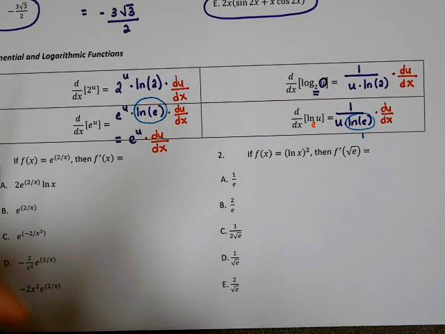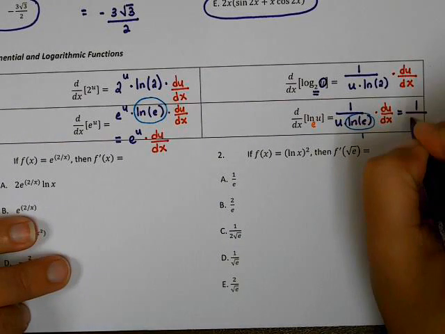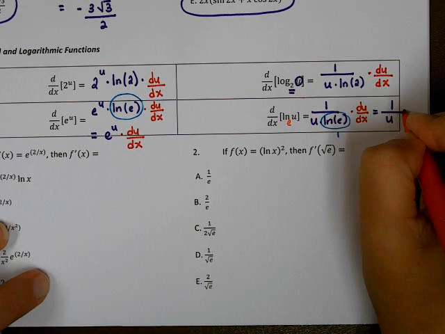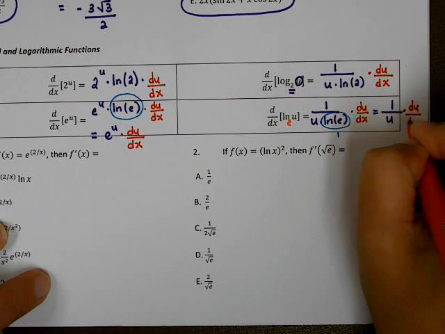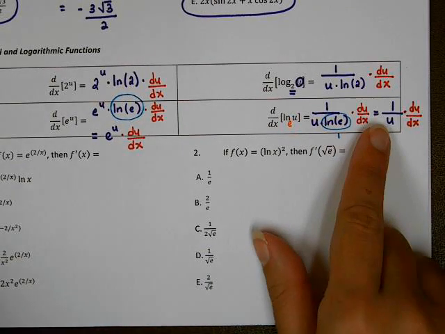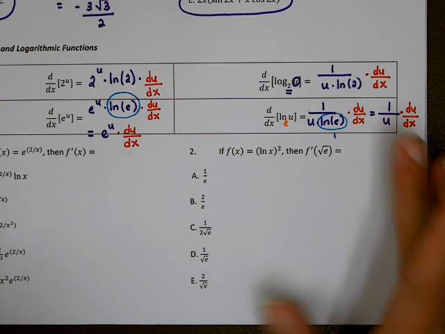It simplifies just like last time. So the shorter rule would be 1 over u times du over dx. So we usually say that the derivative of natural log is just 1 over the stuff times the chain. Let's look at a couple examples.